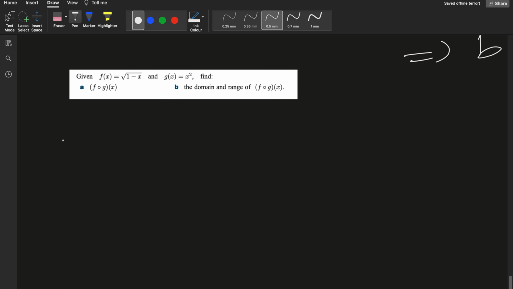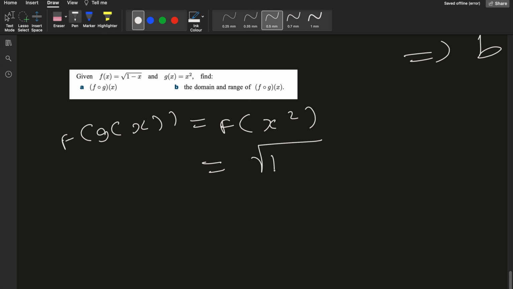They want us to find f of g of x. This equals f of g of x equals square root of 1 minus x squared. So that's the value of this. And the domain and range, they want us to find this. So we have done the domain and range.